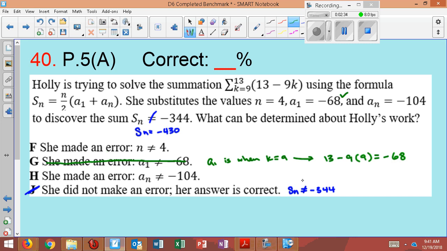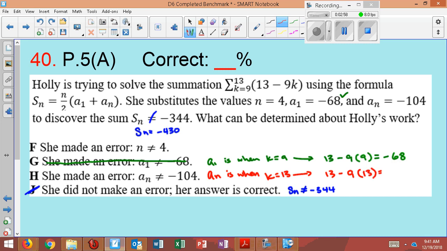So that's not it. Let's try a sub n. A sub n you find by plugging in the highest k value. A sub n is when k equals 13 because it's the top number. So we'll type in the calculator, 13 minus 9 times 13. I'm just substituting right there.